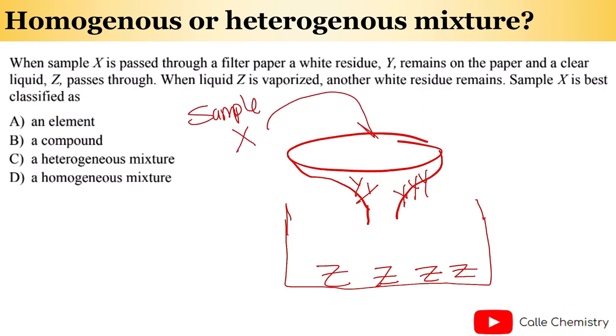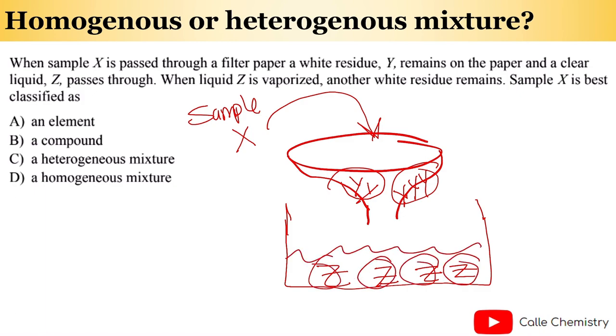Now going back to the question, they want you to classify sample X. Well, sample X has white residue getting left behind on the filter paper, while it also has liquid passing through into the container. So if I label this, I can say Z is liquid, right?